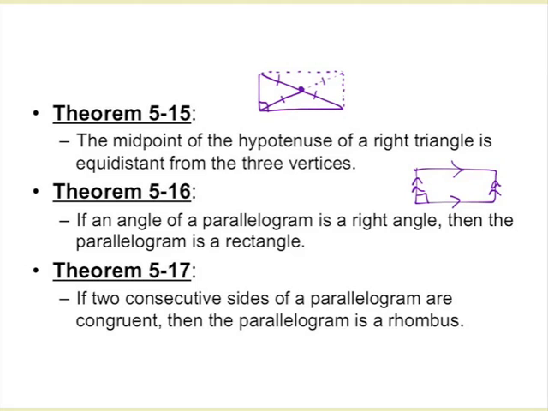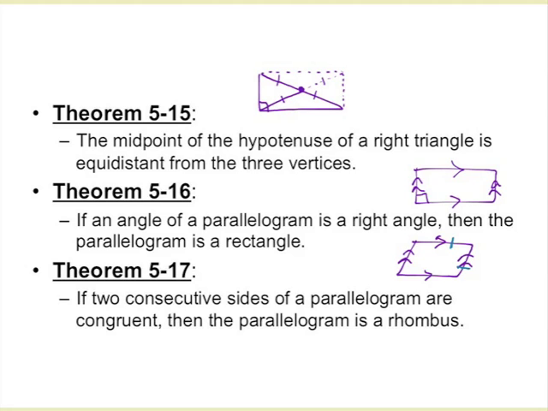Theorem 517 then says, if we have a parallelogram, and I know two consecutive sides, so not opposite sides, but two sides that are right next to each other, are the same size, that's enough to say it's a rhombus. So you don't actually have to show all four are the same size.